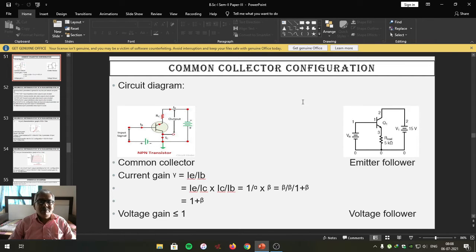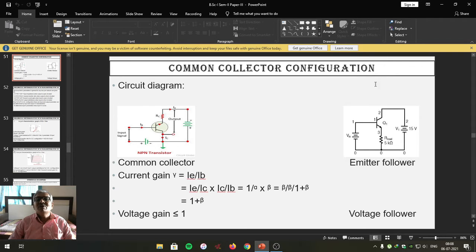We also studied the common base configuration, its related definitions of current gain, alpha, and also the voltage gain. Then we covered its input and output IV characteristics. In the last lecture we studied the relation between the current gain of common base, that is alpha, and the current gain of common emitter configuration, that is beta.